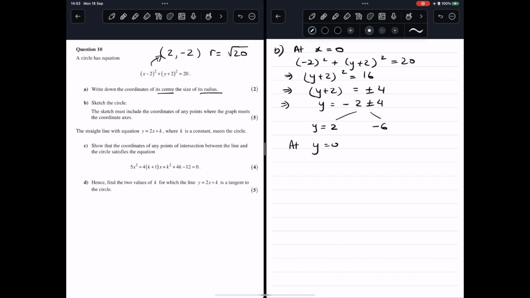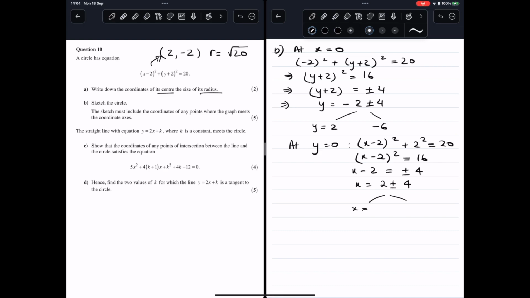Now on the x-axis, y is 0, so that brings me x minus 2 squared plus y plus 2 squared, sorry, plus 2 squared over there, equals 20. So x minus 2 squared equals, again, 16. From here I take the square root, so plus or minus 4, and therefore x equals 2 plus or minus 4. So x equals either 6 or minus 2.